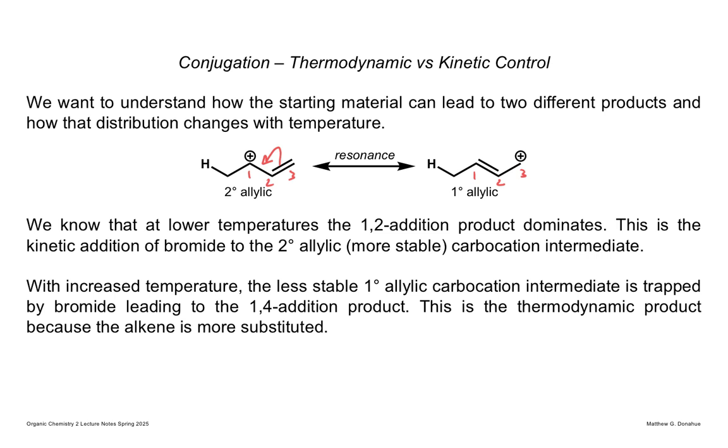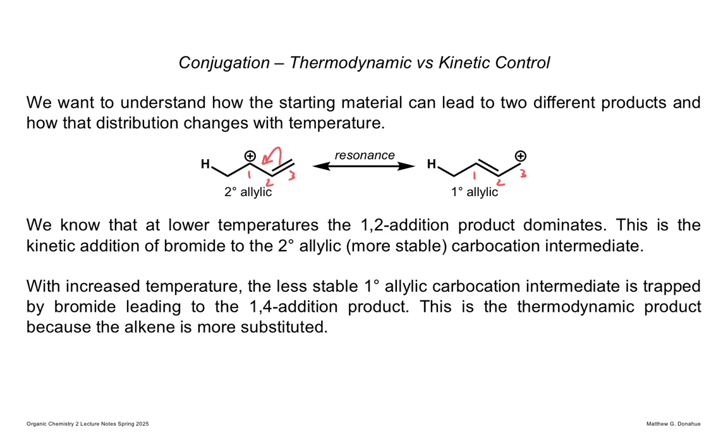So at lower temperatures, the 1,2 addition product dominates. That's the kinetic addition of the bromide to the secondary allylic. That's the more stable carbocation. These resonance forms are not there in equal percentages per se, but to inform you that in the charge distribution, one is more favored than the other.